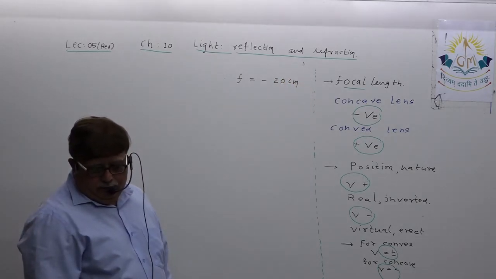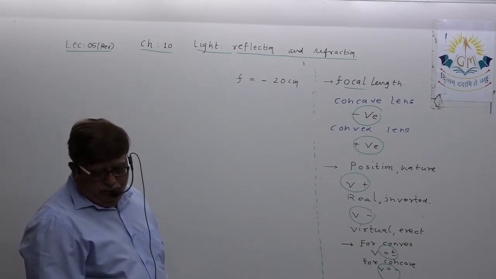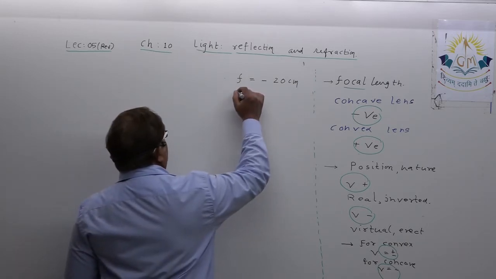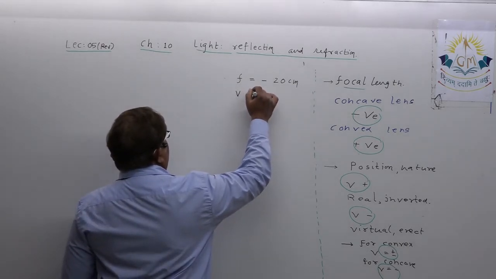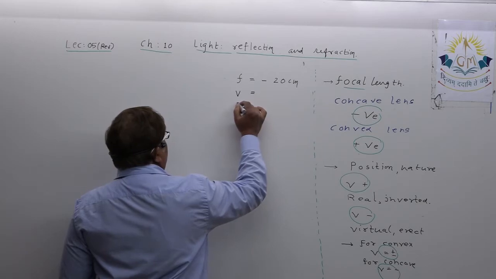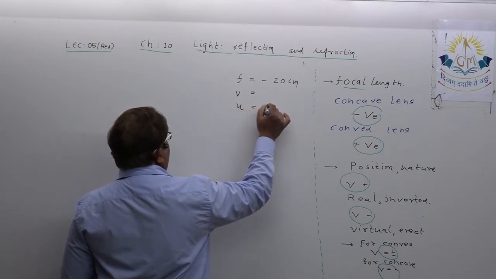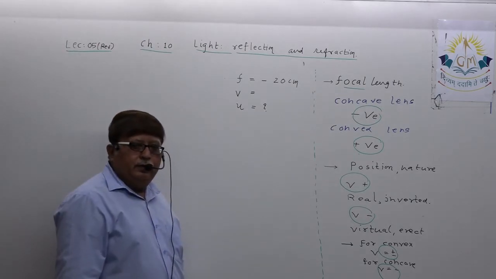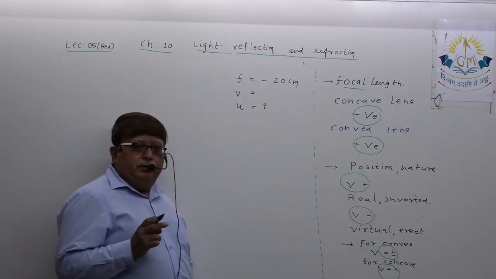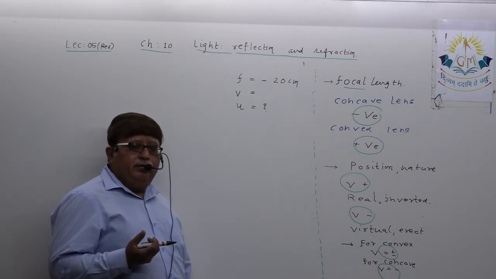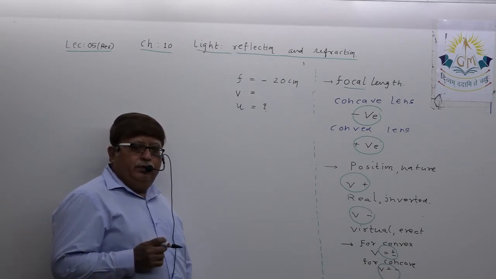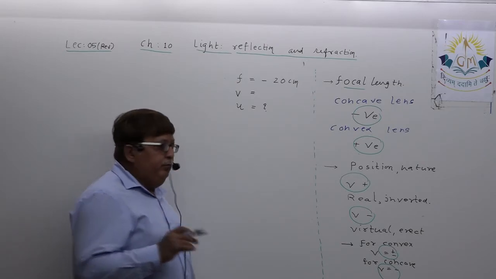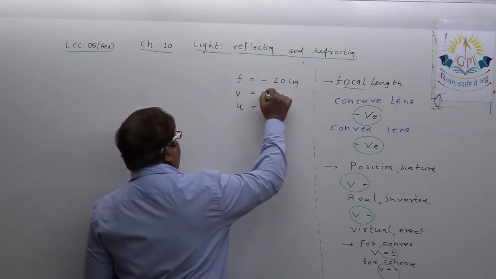At what distance should the object be placed to get an image at a distance of 10 centimeter? That is what we are looking for. Now again, concept clarity. Whenever it is a concave lens, v is always going to be negative.